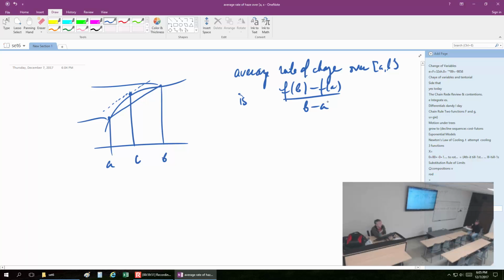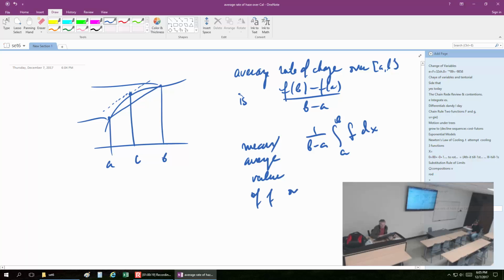But even in the version of statistics that relies on calculus, this is how they do the mean, and so did we: the mean or average value of f over the interval (a, b).